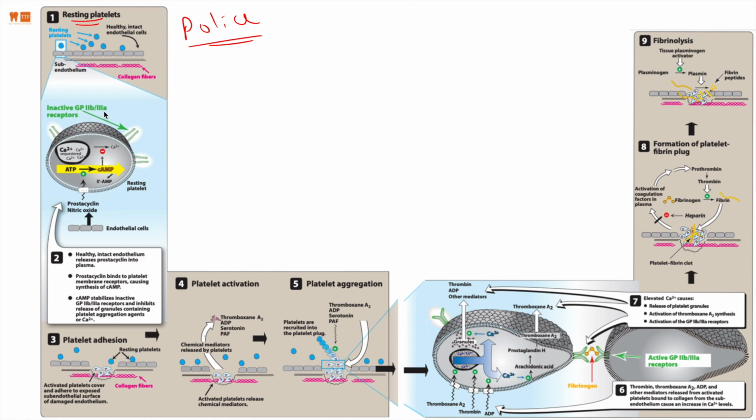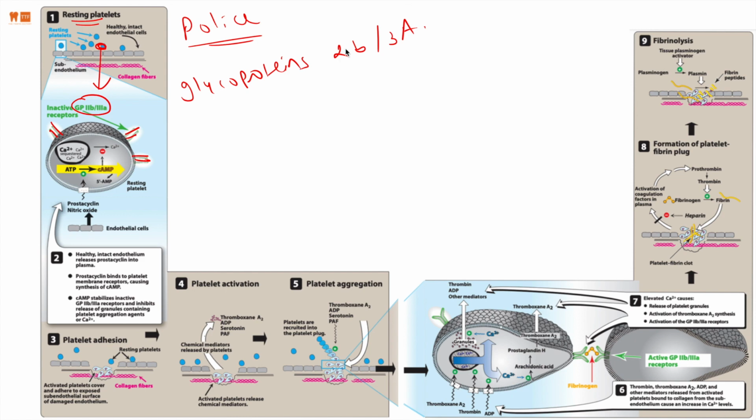GP2B and 3A receptors. Now, every platelet cell, so when we zoom into this one blue, it has some receptors at the very edge on the membrane. Now, GP is glycoproteins. Glycoproteins, 2B, 3A.